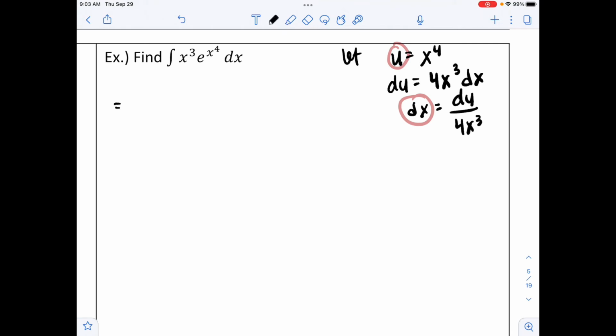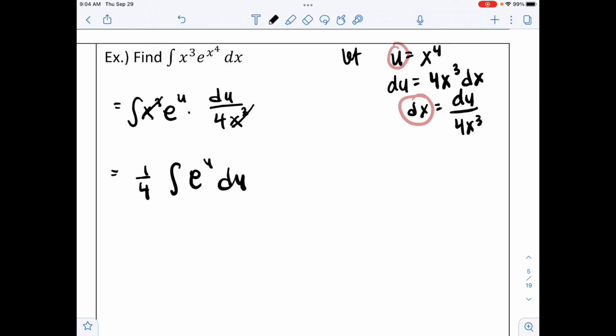So this is going to equal the integral of x to the 3rd e to the u times dx, which is du over 4x to the 3rd. From here, you'll notice that your x to the 3rds will reduce out. So the 1/4 we can pull out in front of our integral and have the integral of e to the u du. And integrating e to the u, we just get e to the u.